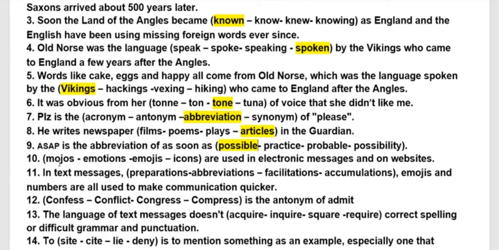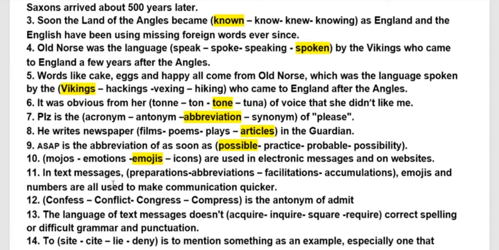10. Emojis and icons are used in electronic messages and on websites. Emojis. In text messages, right? In text messages, we have preparations, abbreviations, facilitation, and we have here accumulation.